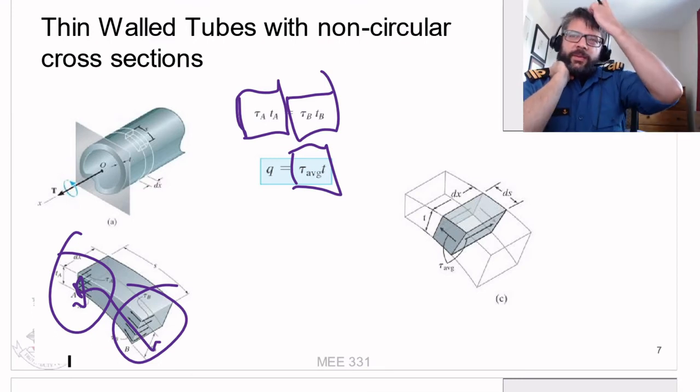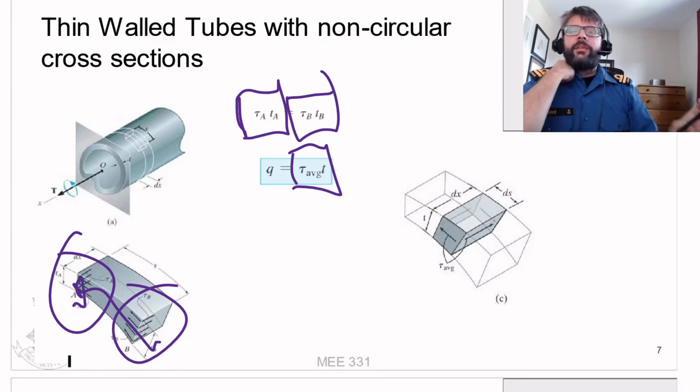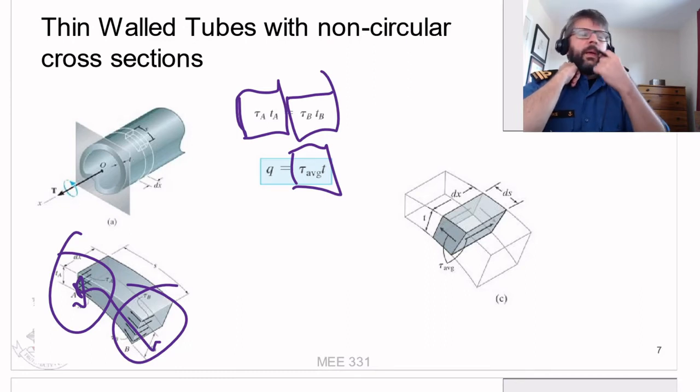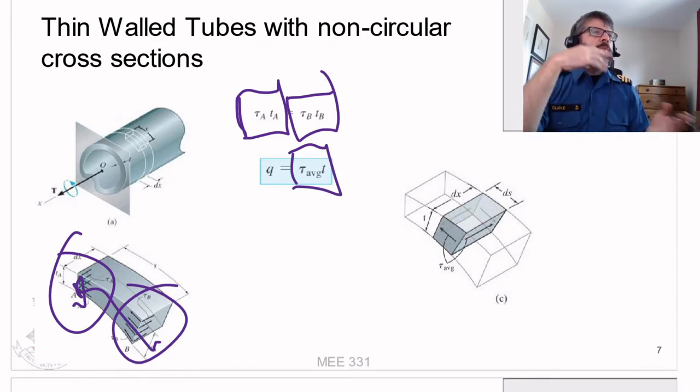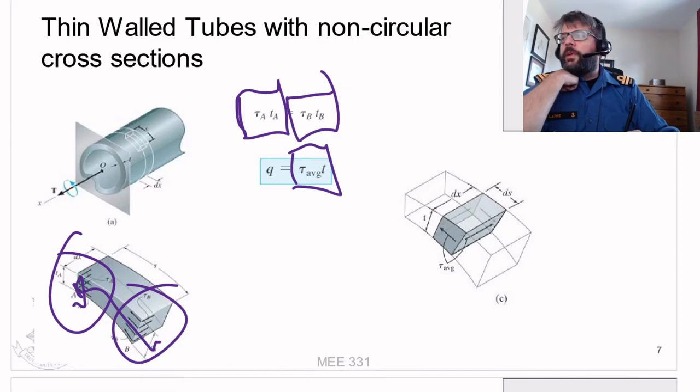One other thing that arises out of this is that when we look at this element, the top surface and the bottom surface are free, so there can't be any stress operating.